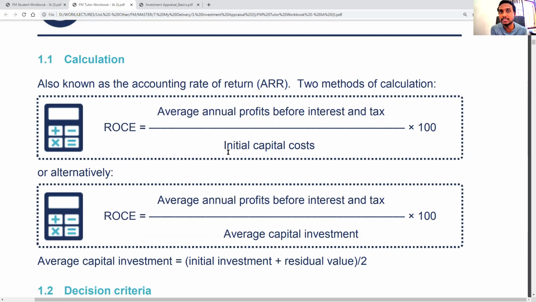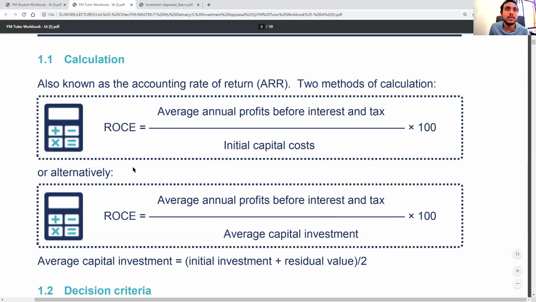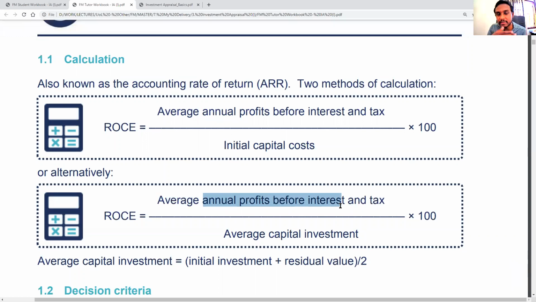Average annual profits before interest and tax divided by the initial capital cost, or alternatively, average annual profits before interest and tax divided by average capital investment, where the average capital investment is initial investment plus residual value divided by 2. So average annual profits before interest and tax, basically, even if it's a long term project, a 5-year project, you will divide it by 5 years and get the annual profit.